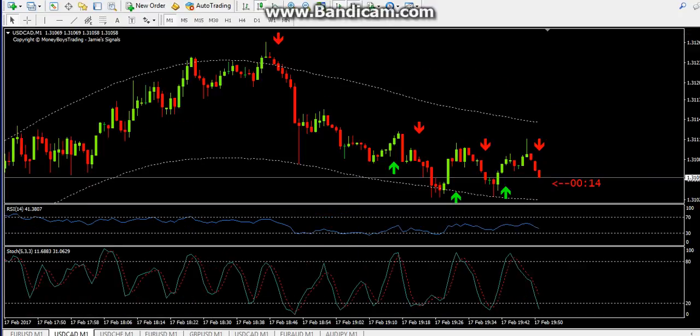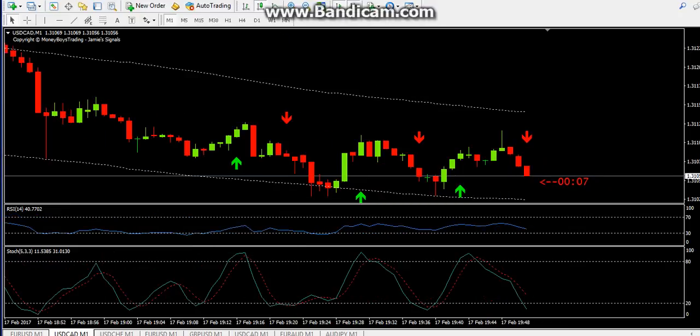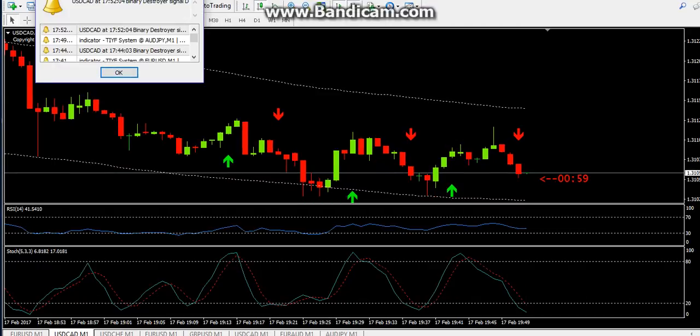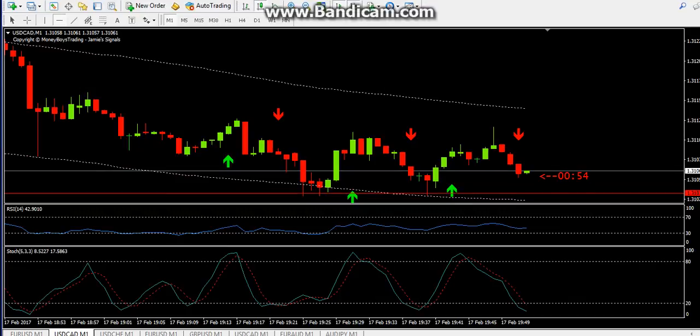The USD CAD, for instance, here's a perfect example of a W. As we can see, a nice downtrend, and let me try and draw this trend line, this support line here.